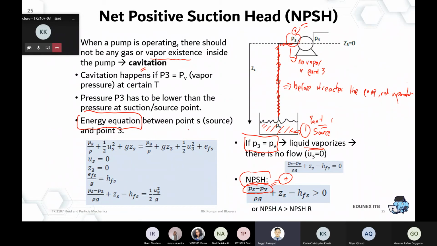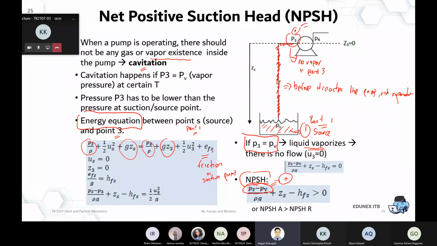So now between point 1 and point 3. Point 3 is the suction part of the pump. Delta P 1 versus 3, elevation, and the EFS. Not the total friction, but only friction in the suction part. That's why the S matters, in the suction part of the pump.